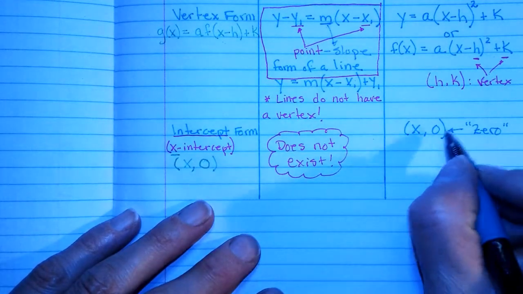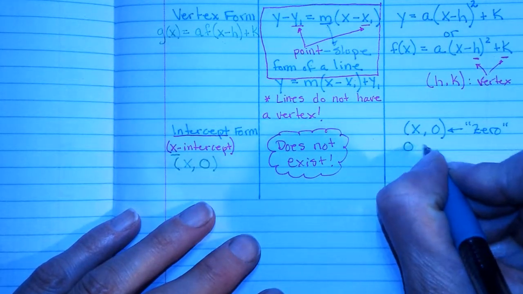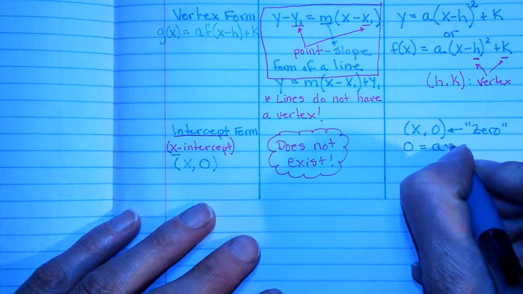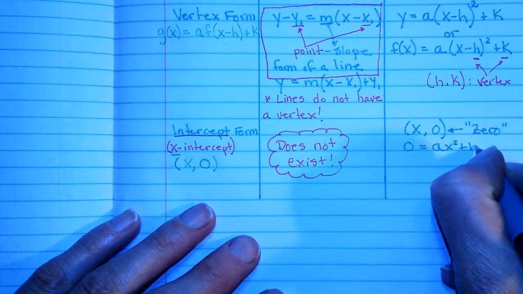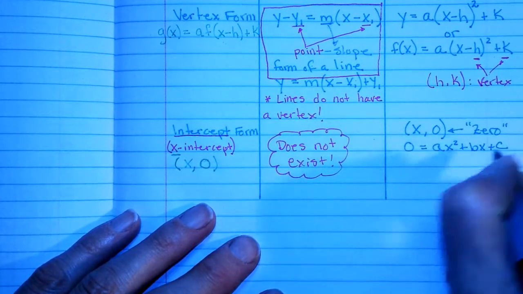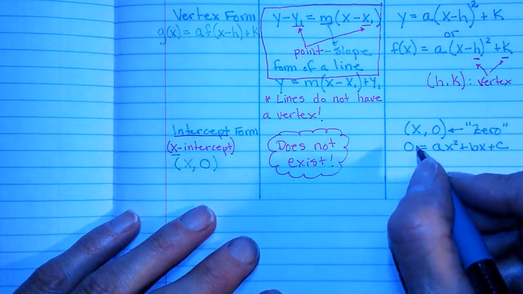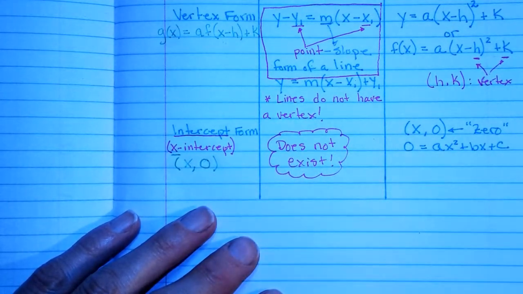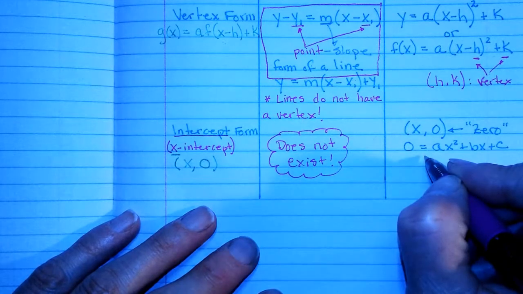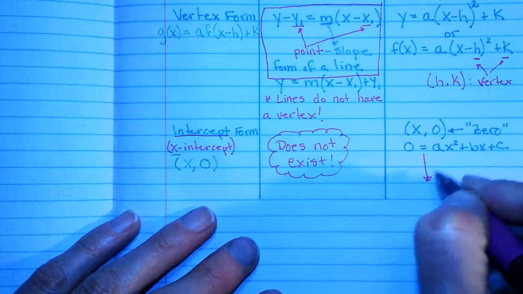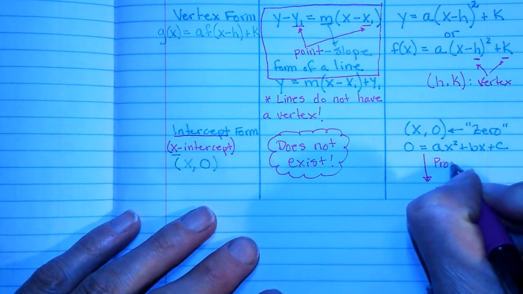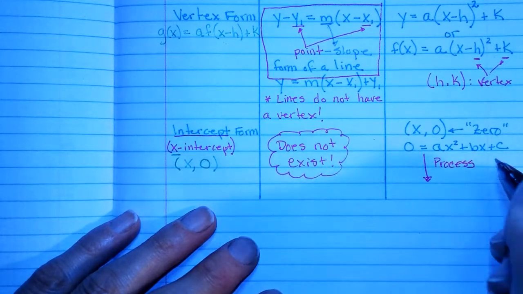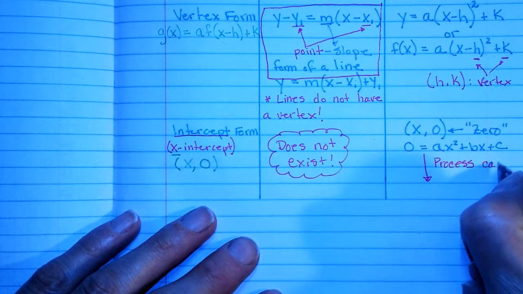So that means y is 0. So at first, you may think it's this, but notice that this here is standard form. So I have to go through a process, which we'll be learning, called factoring.